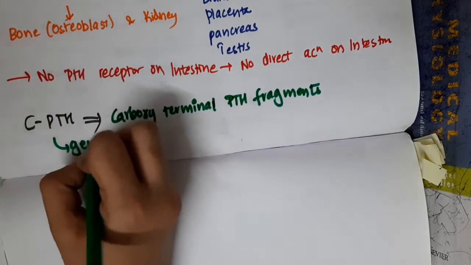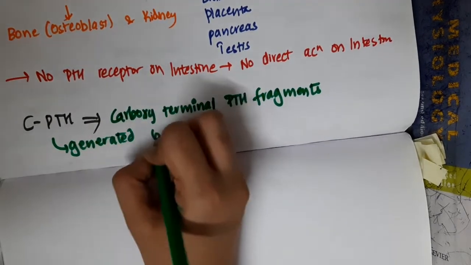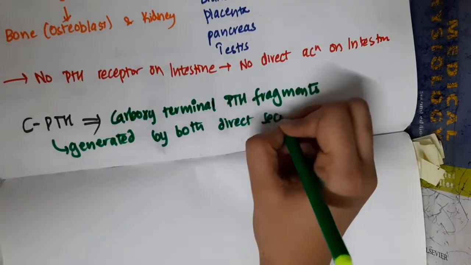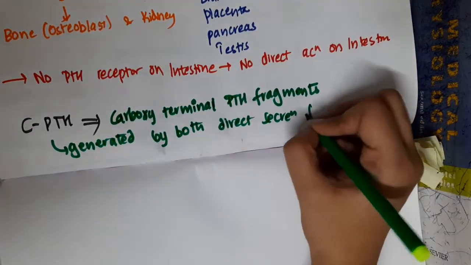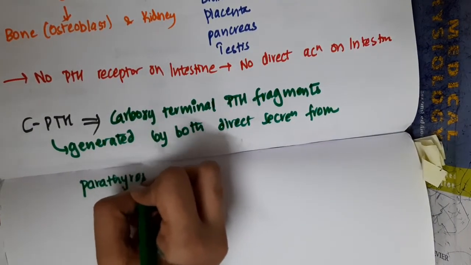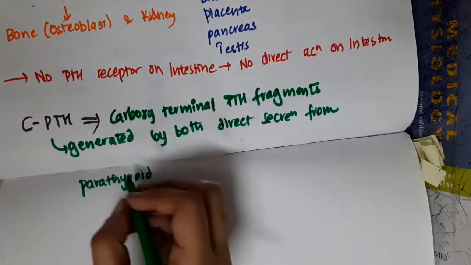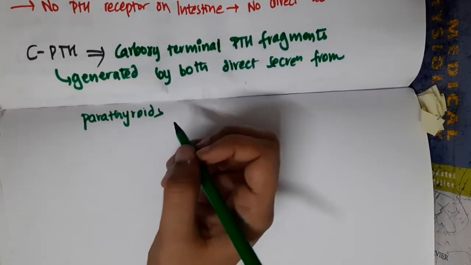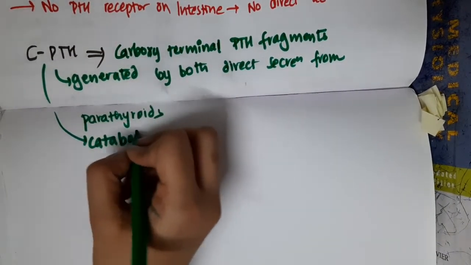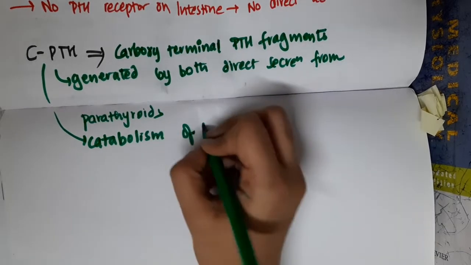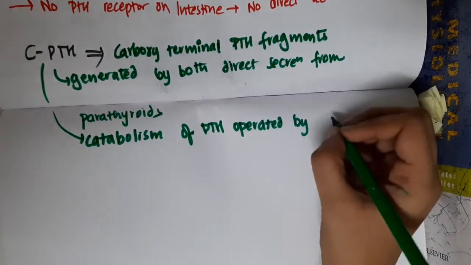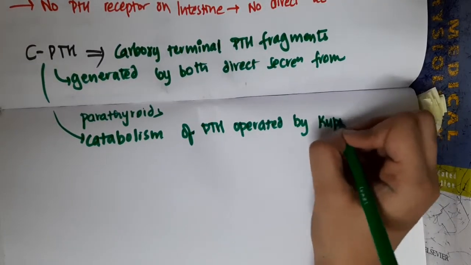This is generated by direct secretion from parathyroids, or it is generated by catabolism of parathormone, which is operated by Kupffer cells.